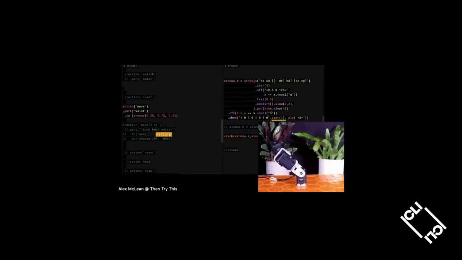Move your waist to 75%. Move your waist to 75%. Move your waist to 75%. Lean your waist.